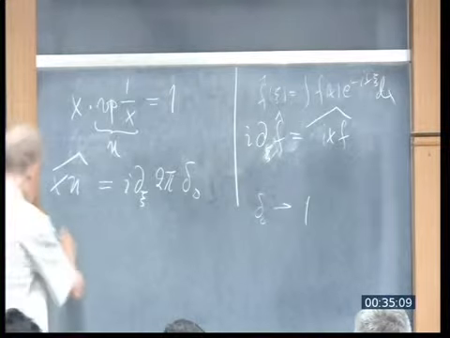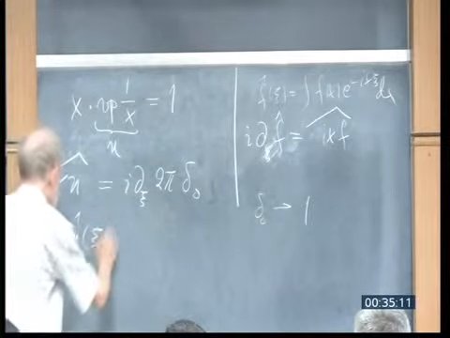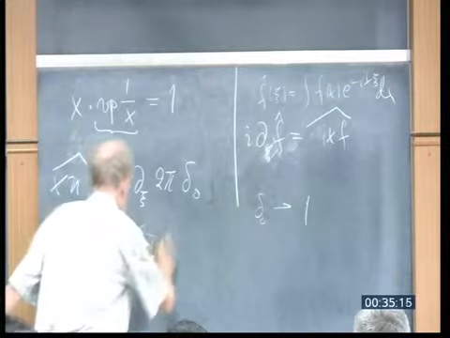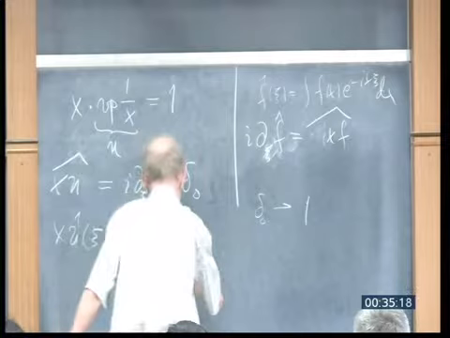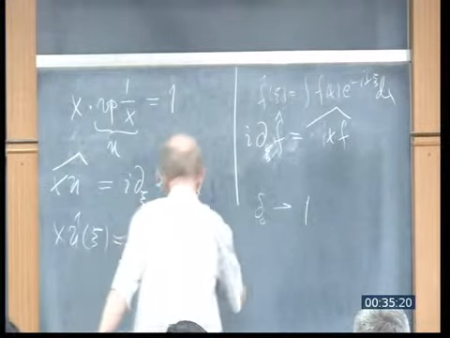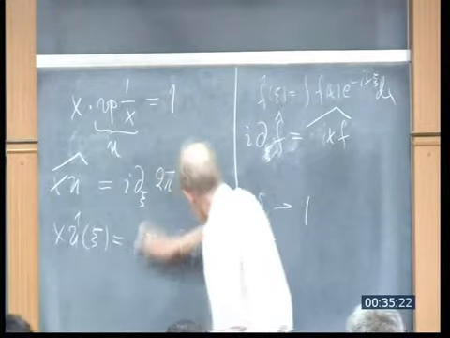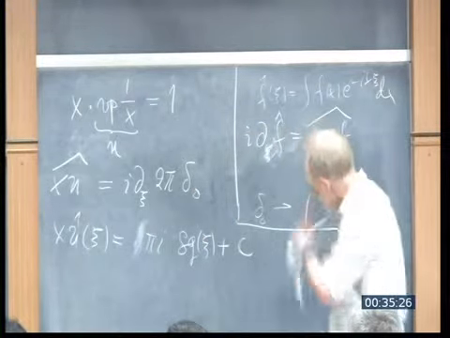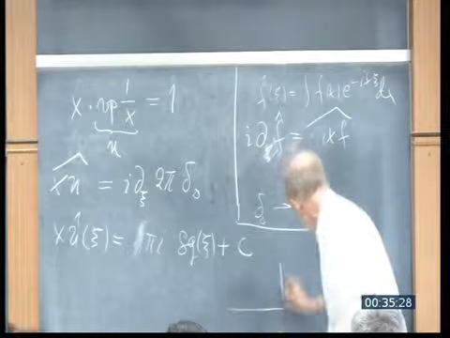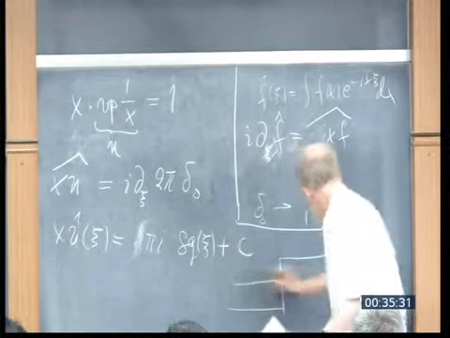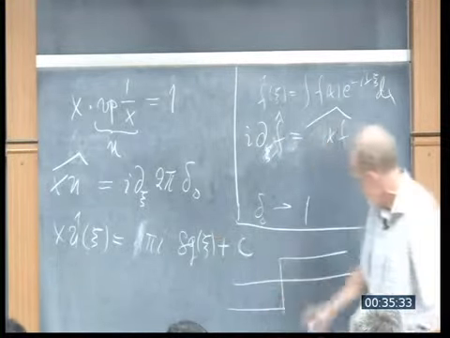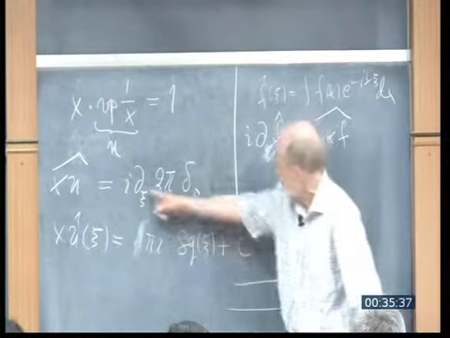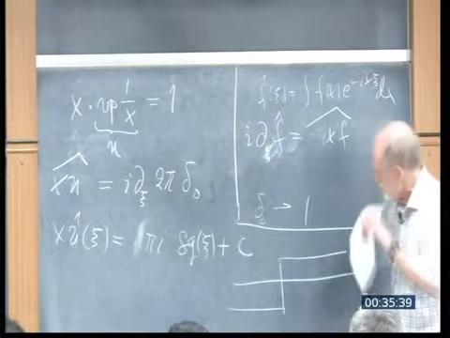Here we get x u hat c must be 2 pi i sine function, or pi i, I'll explain in a minute, plus some unknown constant because of this expression. What do you mean by sine function? That is the function which is plus 1 for positive c and minus 1 for negative. So the jump here is 2. So that's why I got rid of the 2.